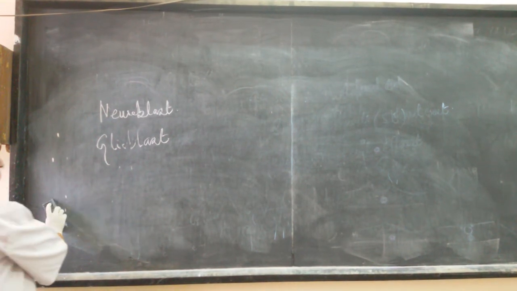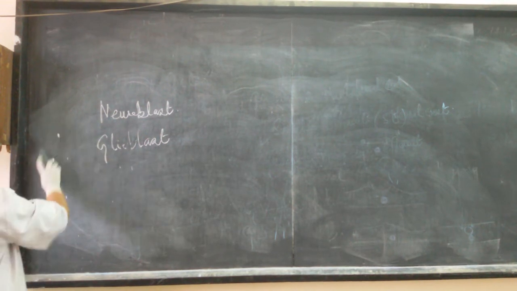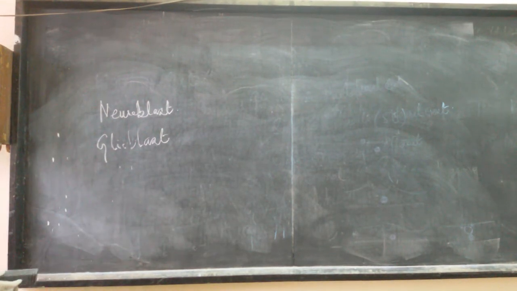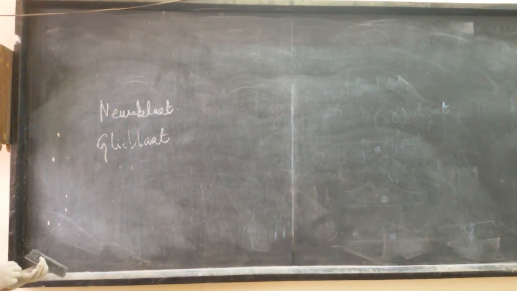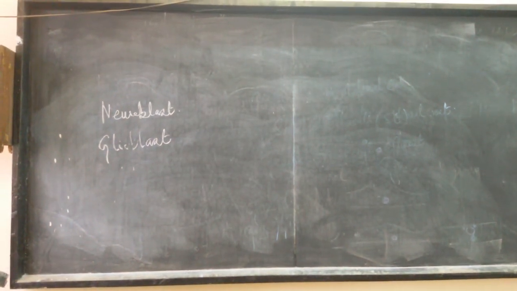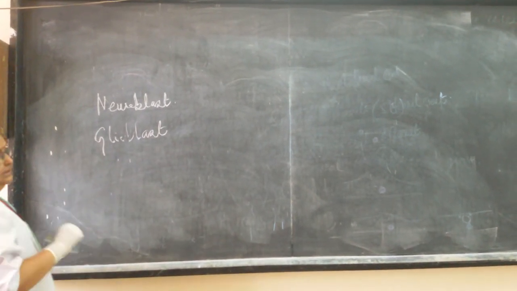The neural crest cells give rise to the neurons of the peripheral sensory ganglia.